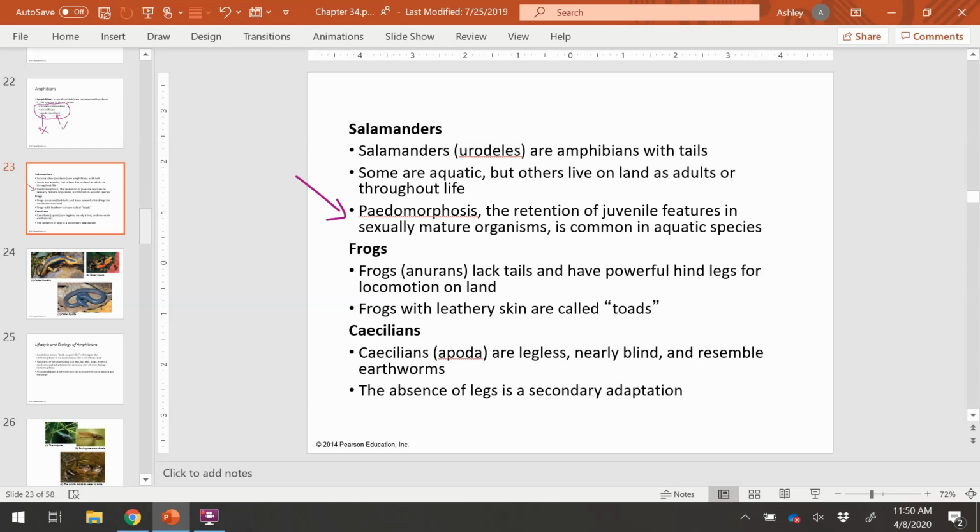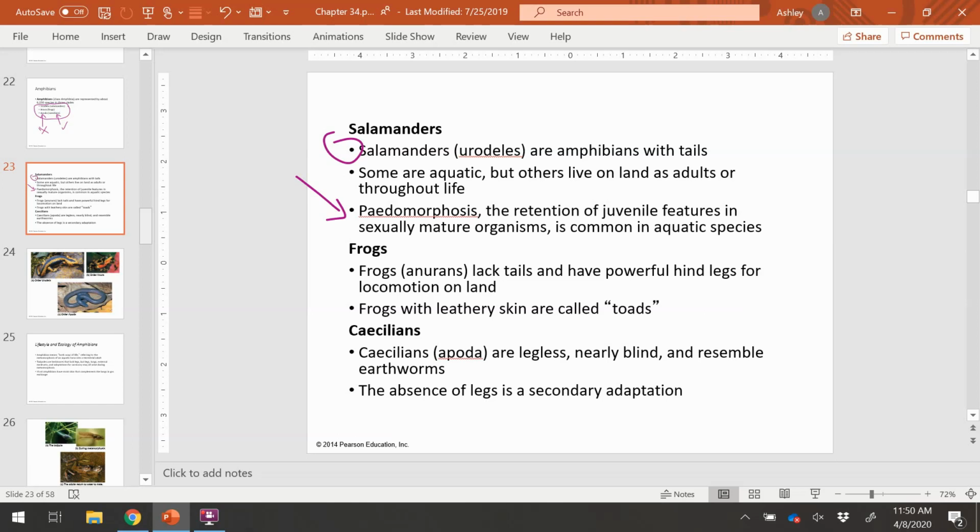So in the example we had, that axolotl had gills. They had the juvenile features, but they were sexually mature. So their sexual reproduction aspect accelerated compared to their normal body development. So salamanders here are amphibians with tails. That's what you'll want to remember, since we already looked at paedomorphosis.